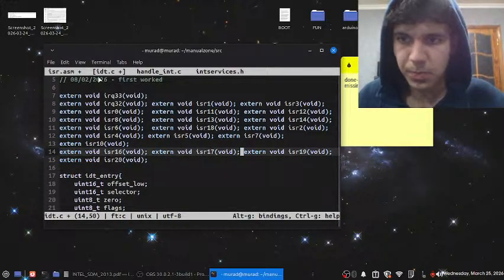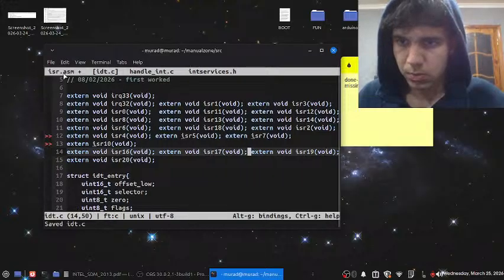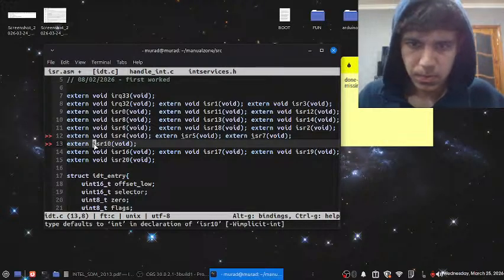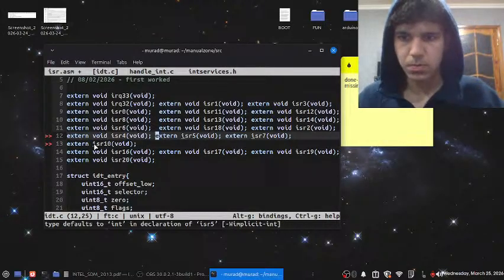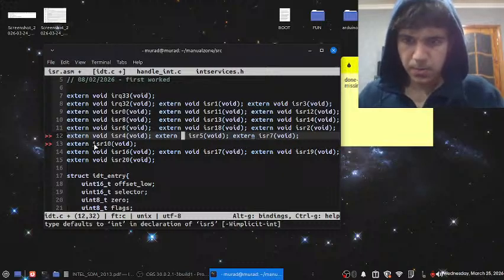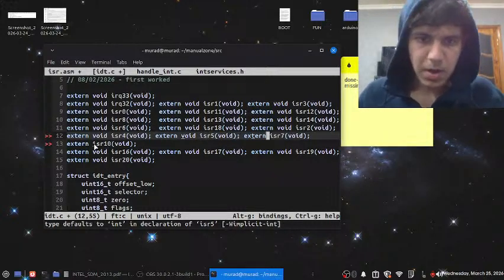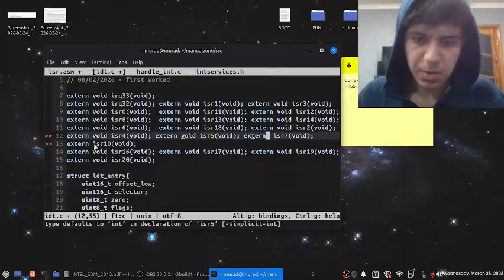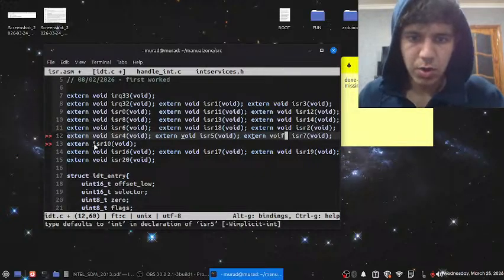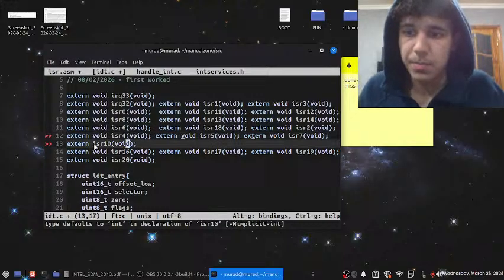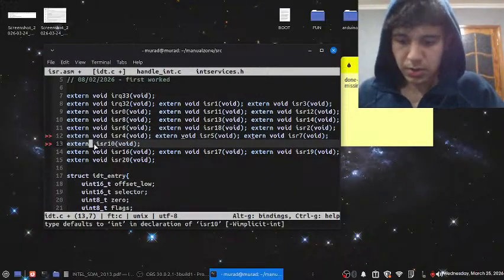Okay, so let's void here. Man, how can it be possible for the void type to not have any size, unknown size?